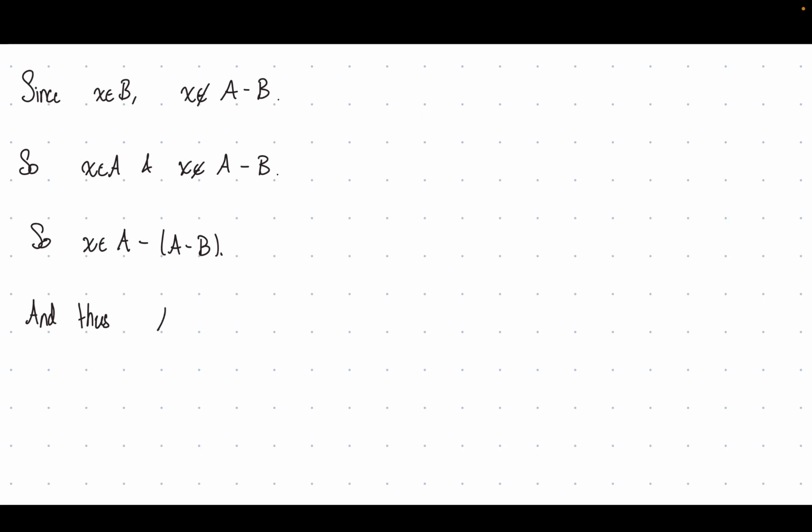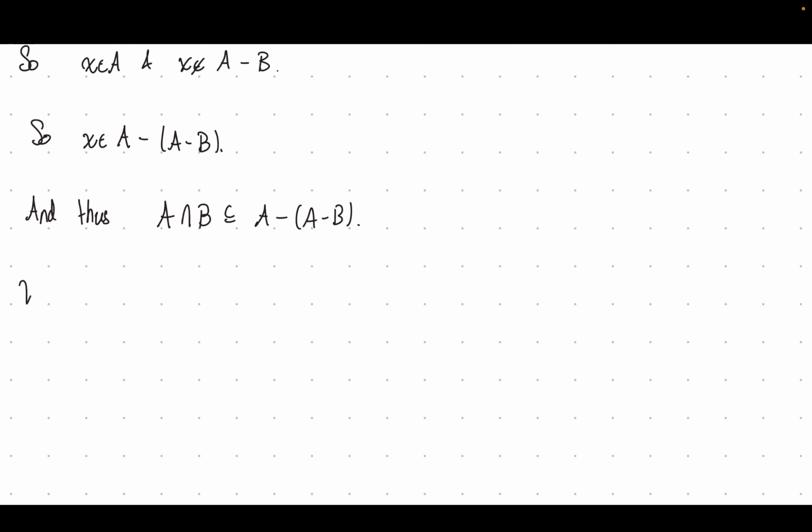And thus, A intersect B is a subset of A minus A minus B. And we conclude that these two sets are equal.